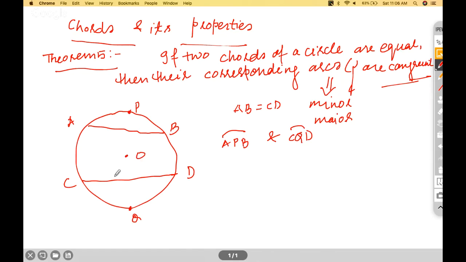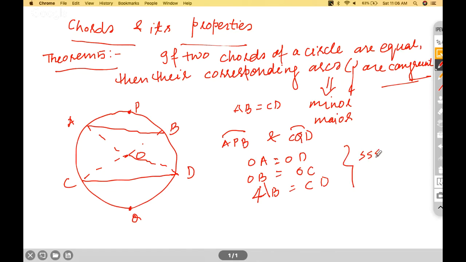So what has been given to me is the same thing actually. I just draw a line from here. I will say that OA is equal to OB, OB is equal to OC, and AB is equal to CD. So this is side congruency.